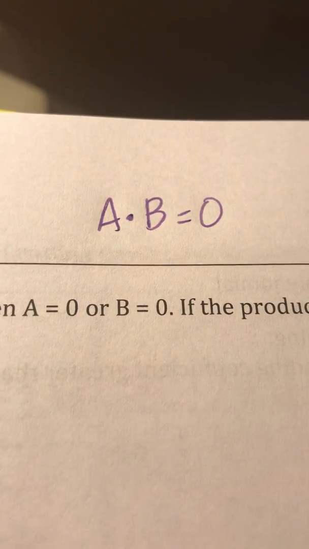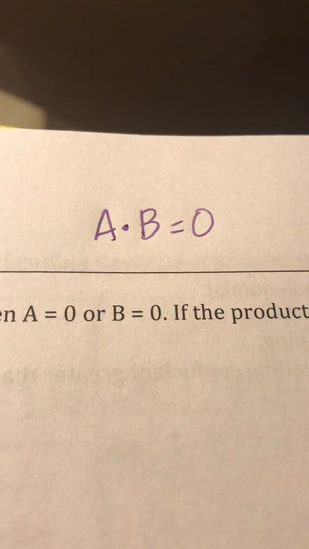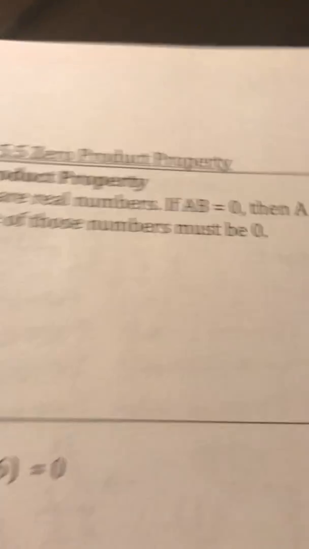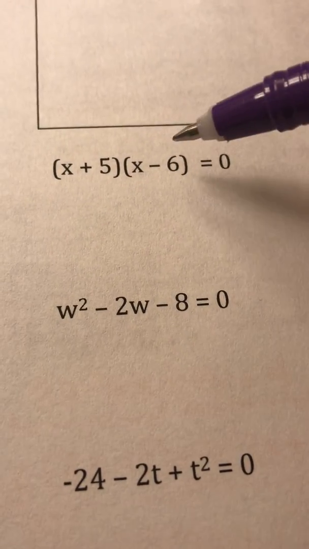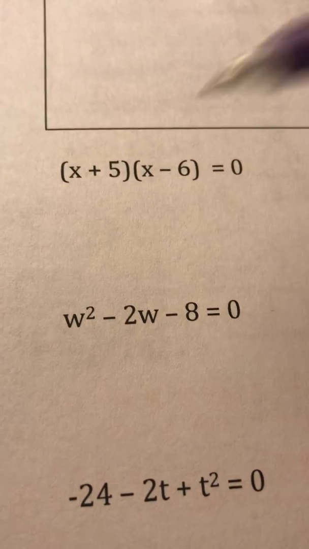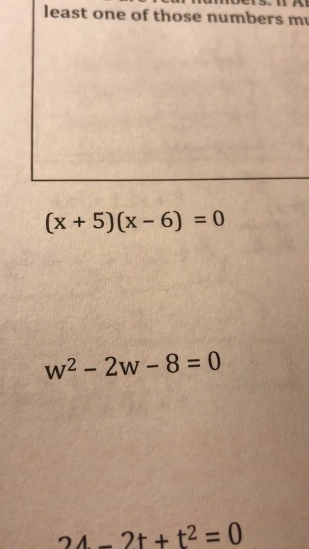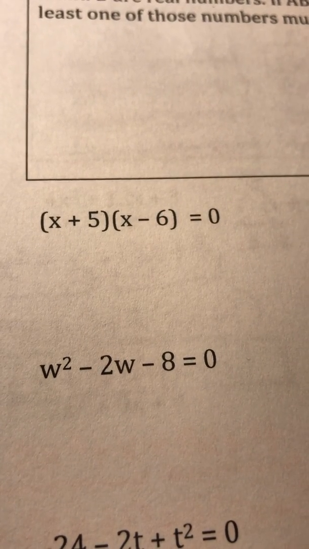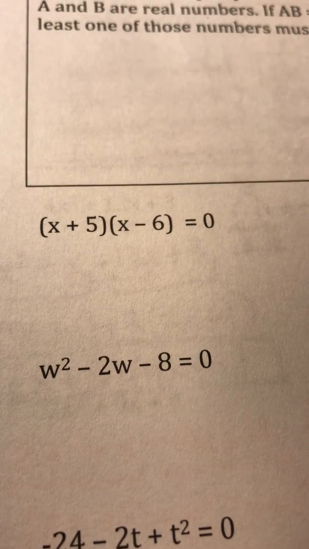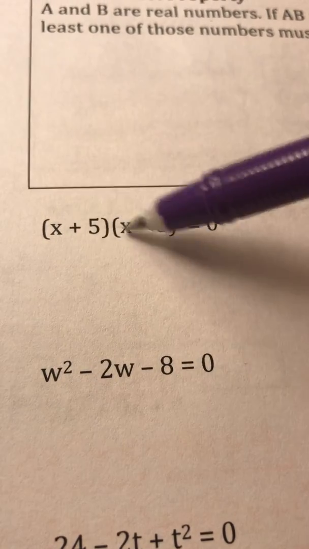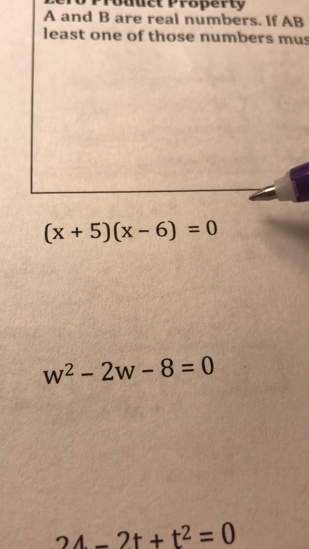Okay, so let's think about what this means for our quadratics, right? We have solved these to say, in this case, x plus 5 times x minus 6 equals 0. If you remember what we know about input-output, if we put a value in for x, it equals y, right?